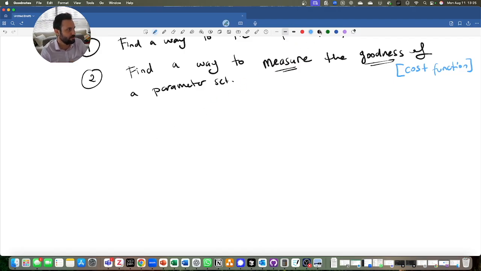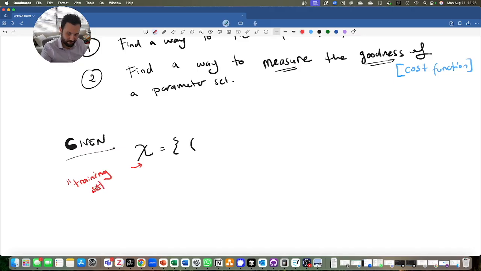So if we assume that we are given a training set, I'm going to call it X, actually not X but capital chi, and let me put the name. So this is called the training set.